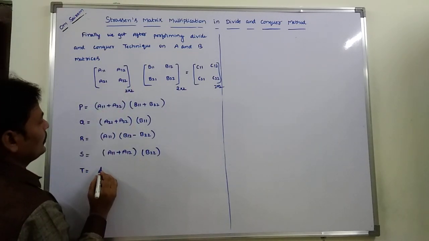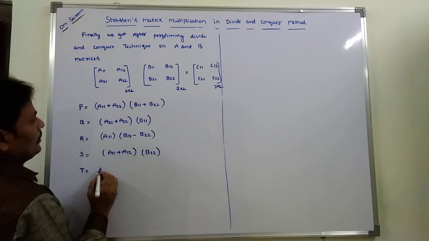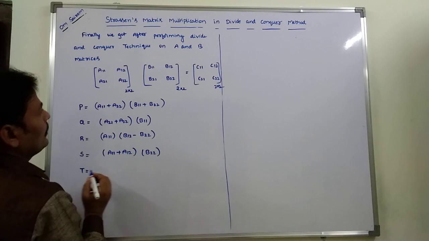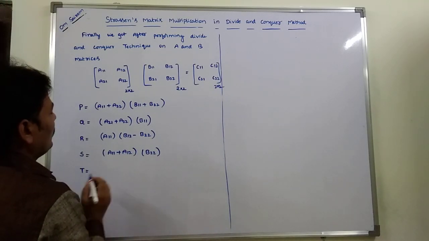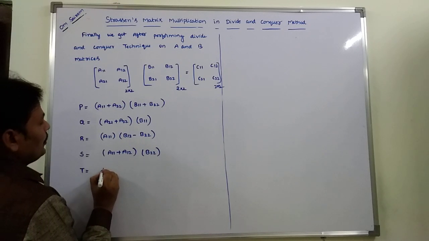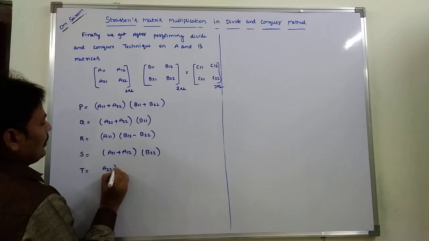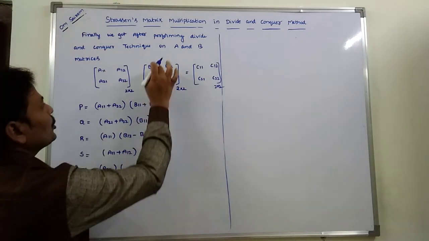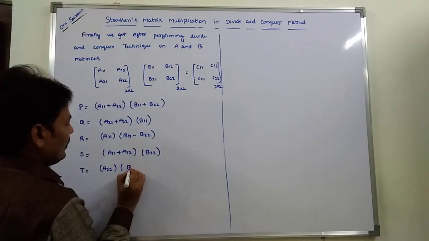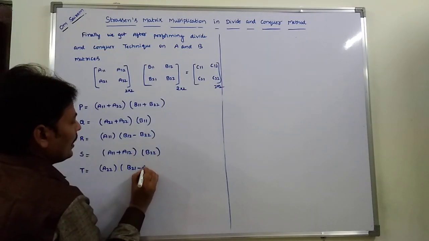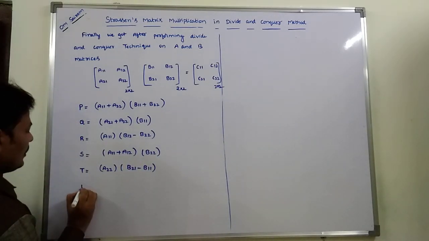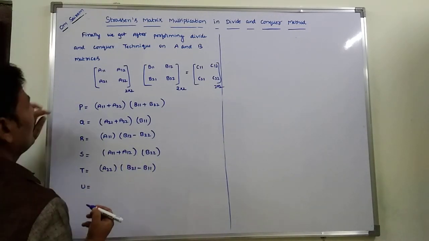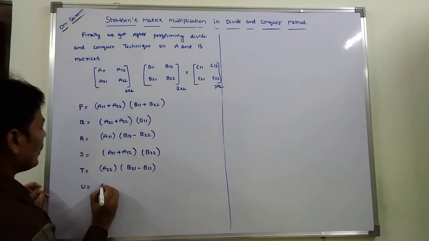Next, T is equal to A22, then B21 minus B11. Next, U is equal to, we have to subtract these columns.